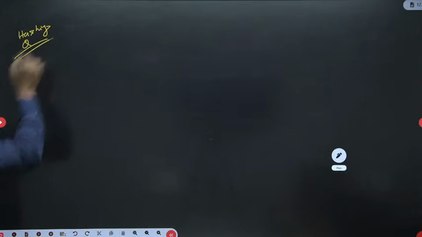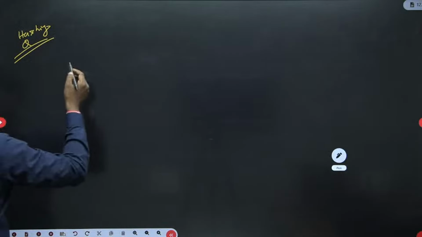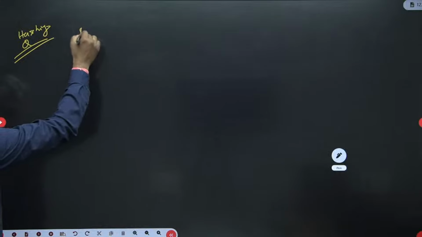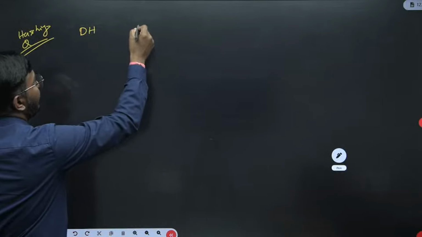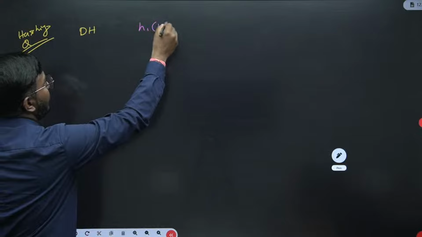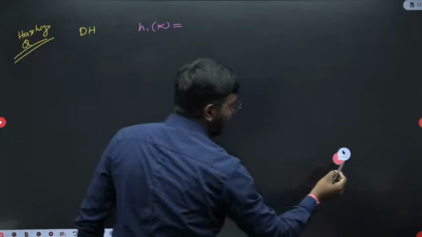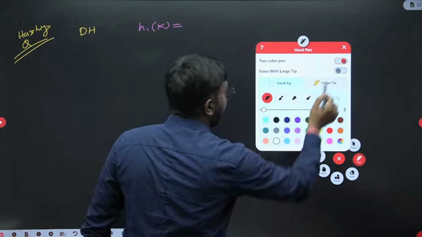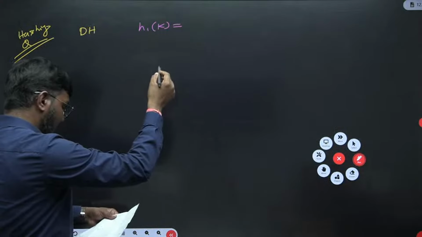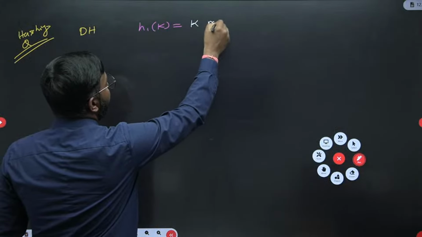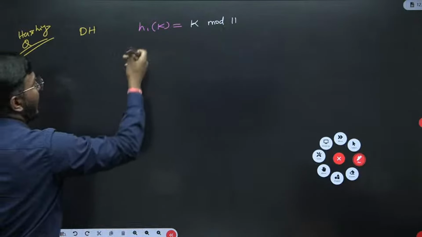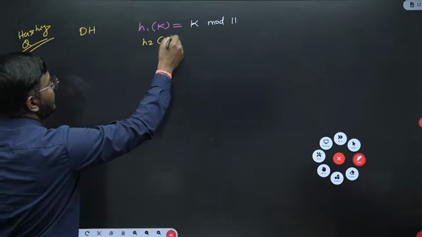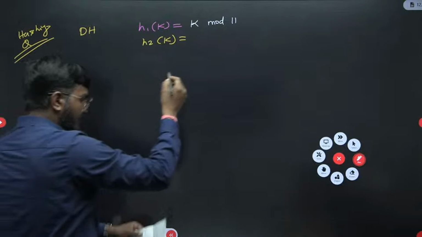Hashing question, see here. The system is using double hash, with the first hash function given as h1 of k equals k mod 11, and the secondary hash function given as h2 of k equals 1 plus k mod 7.